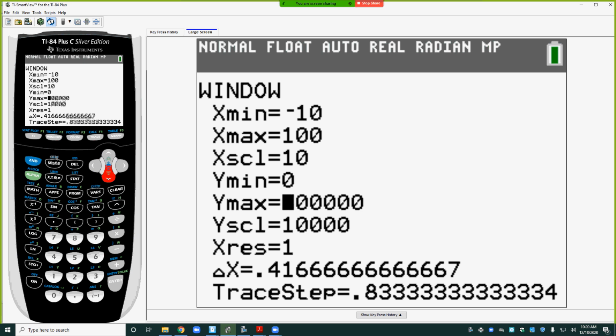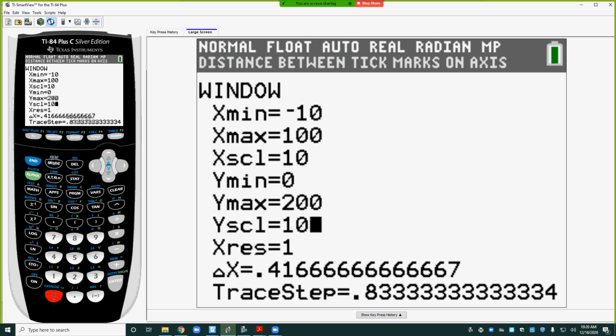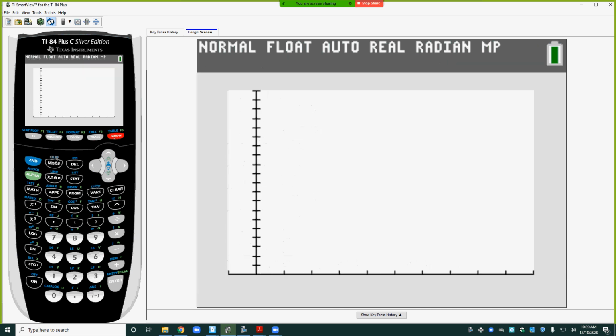The maximum is 100. That's the L. But something funky is happening, so I'm going to change that to 200 at the max and make that scale 10. And we graph. Here it comes. This is the one that's going to go through. Oh boy, did I have to turn it on?